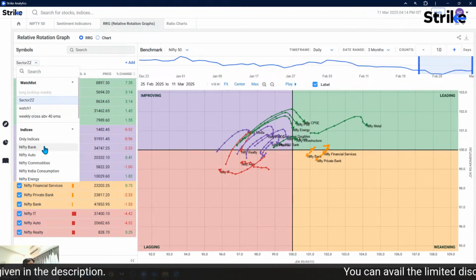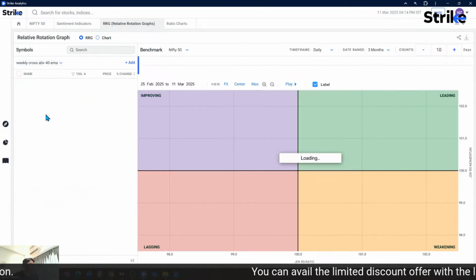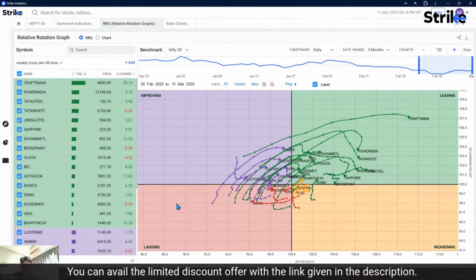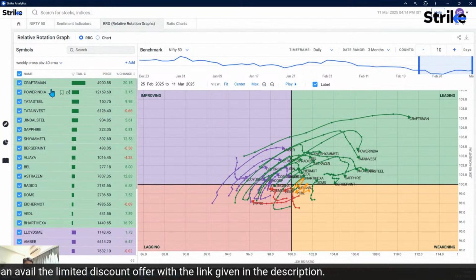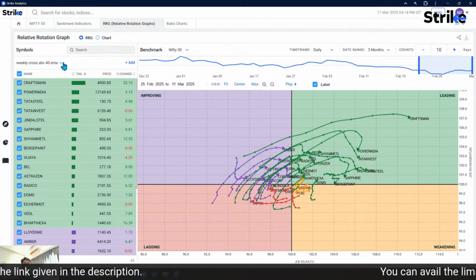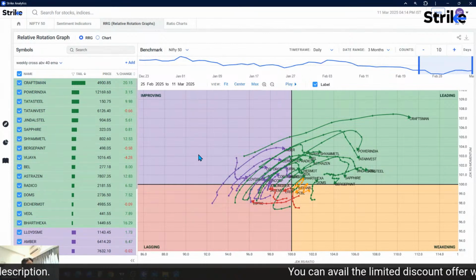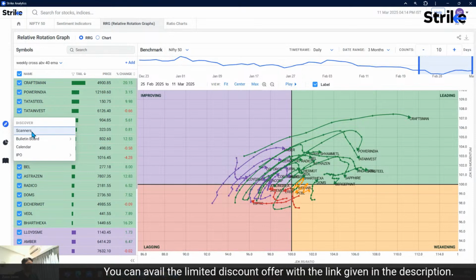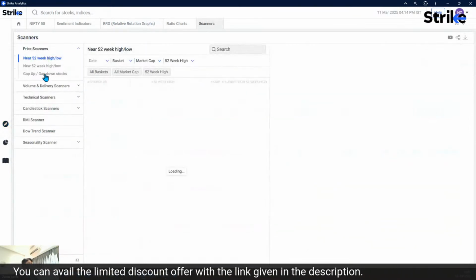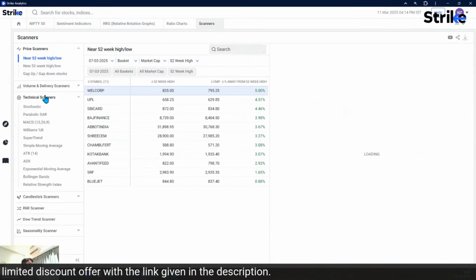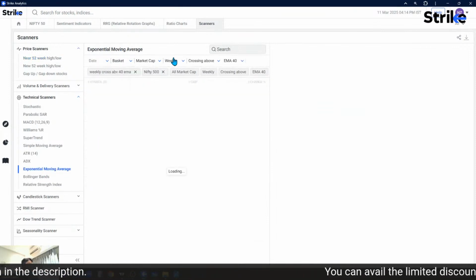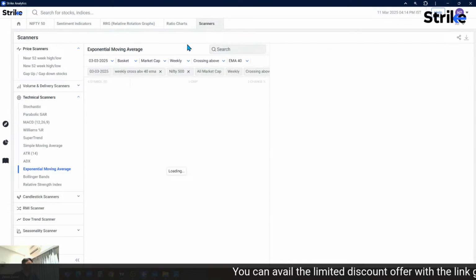Here you can also have your own watch list, right? Via scanners or something like that, I have just selected few stocks which have crossed above 40 EMA. So this is something that you can do. Just go to the scanner section over here. In the scanner section, just click on the stocks over here, technical scanners. You can say EMA, and say weekly crossing above 40.